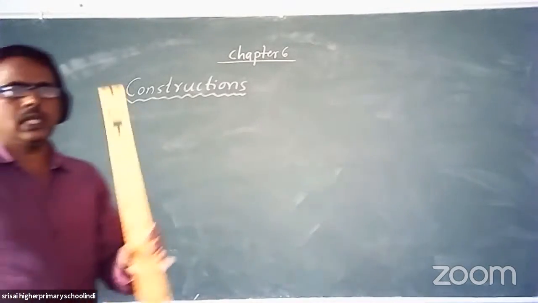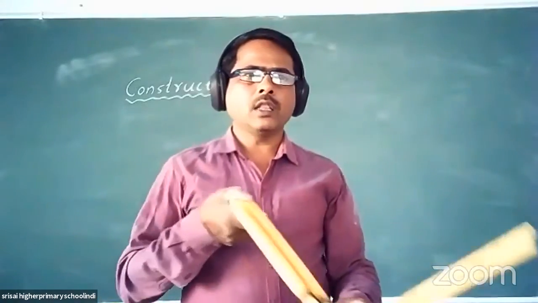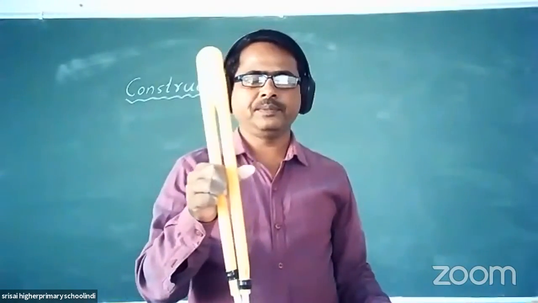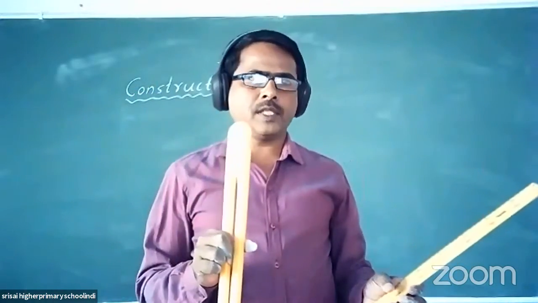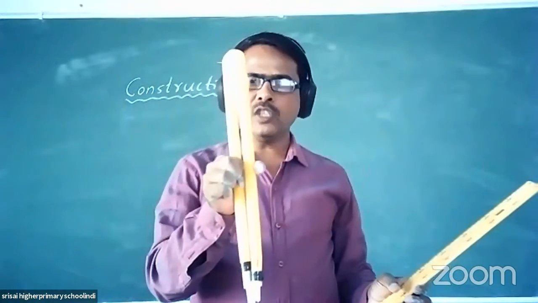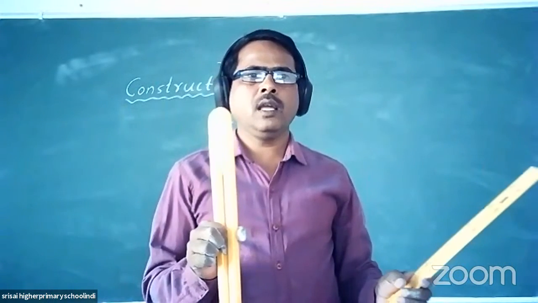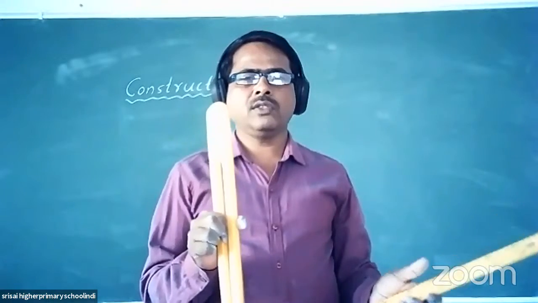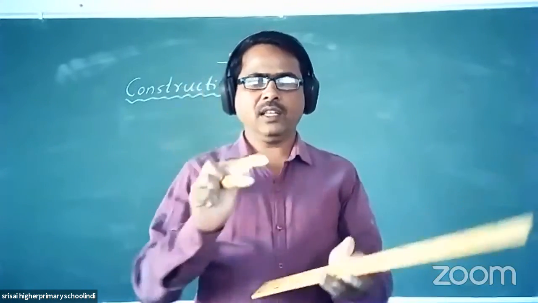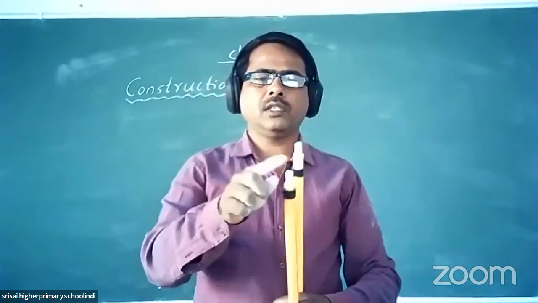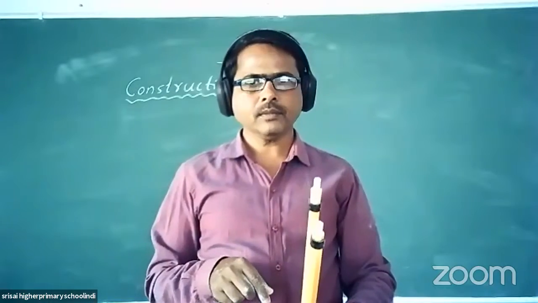This scale is called a ruler, and this is called a compass. That box is called the compass box. Only this instrument is called a compass. Here, one arm will be fixed, and in another you put a pencil.